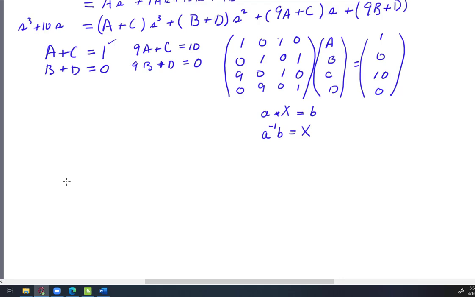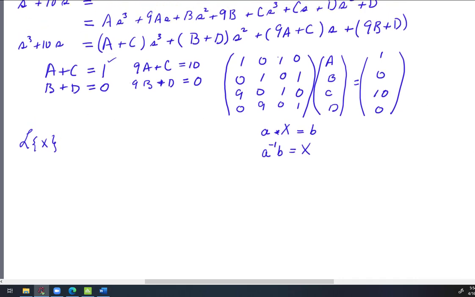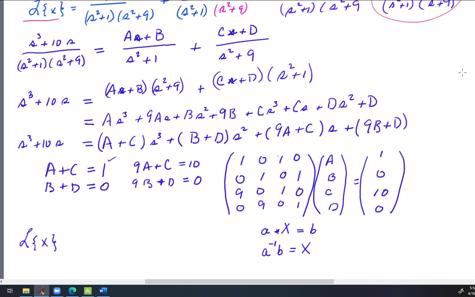When we get these solved, we're going to have that L of X, picking up right here, L of X. Let's see, I'll get a nice green color.